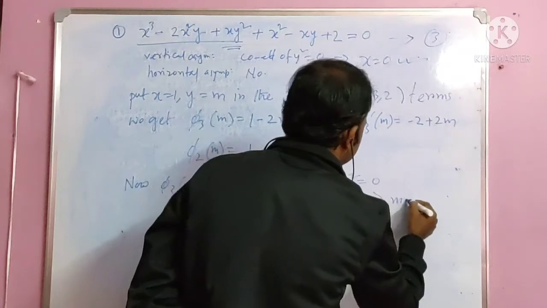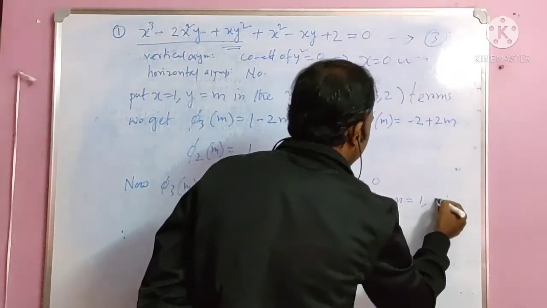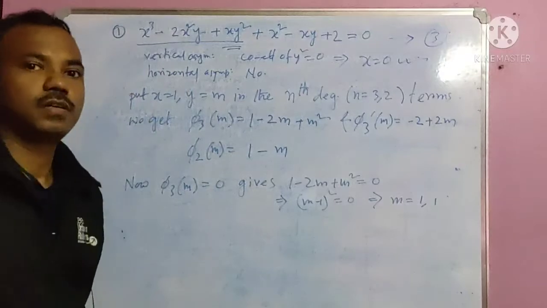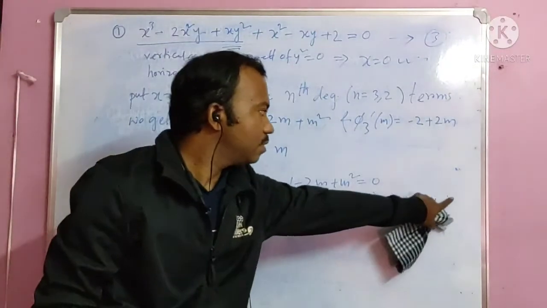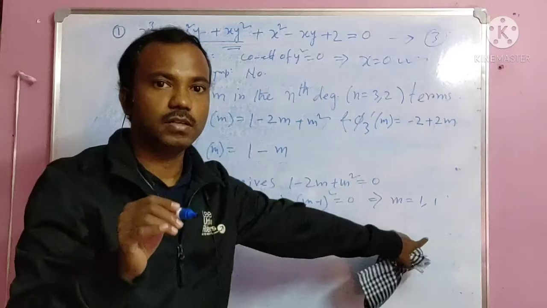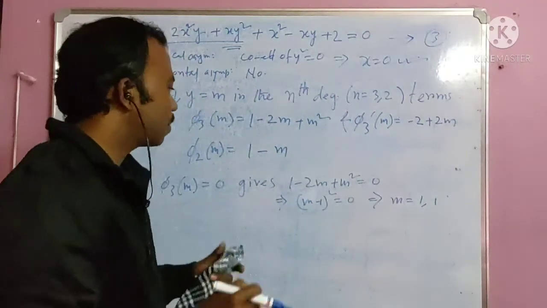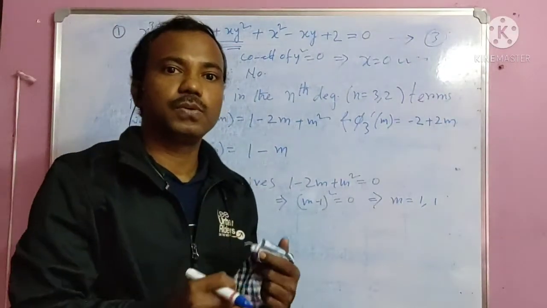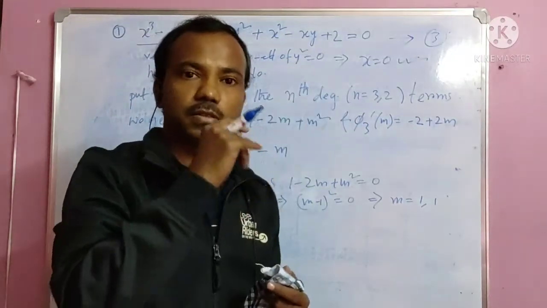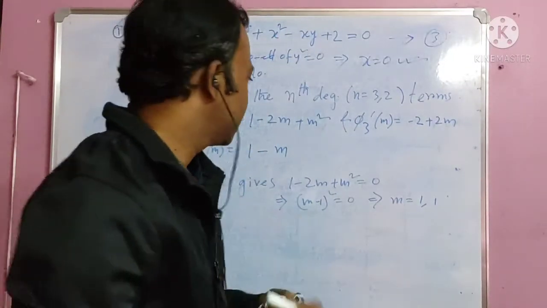This gives m equals to 1, 1. Look, since m is repeated here, 1 and 1, we do not need to calculate C from the first equation, we can directly move to the second formula for getting C.